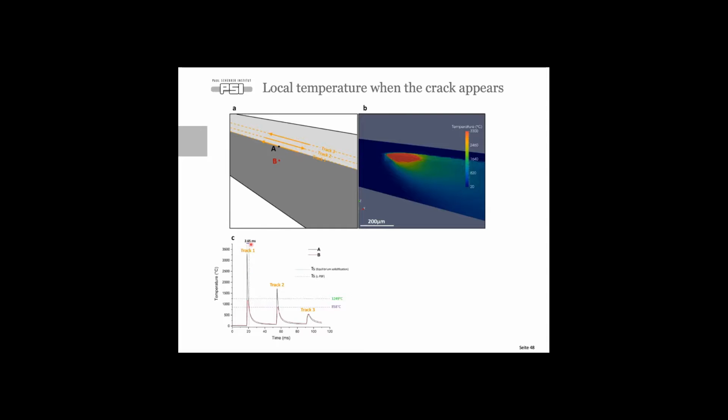And that is exactly the time when we see the cracking appearing. So the idea now is that because of the local microsegregation, you create a liquid by the laser passing at another track. So we're not melting the material everywhere, but because of the microsegregation, we are melting the area where we get the segregation.